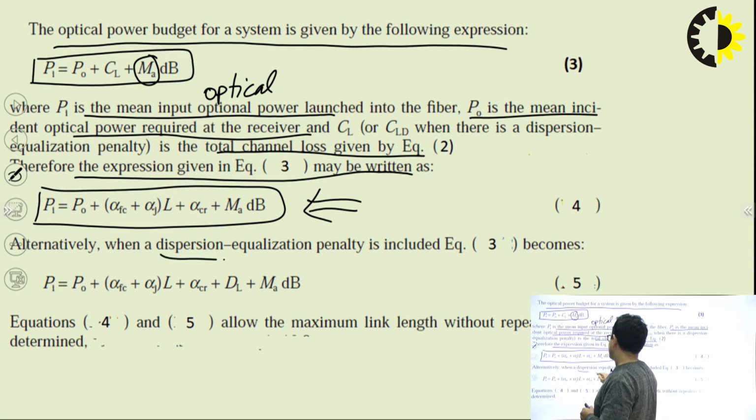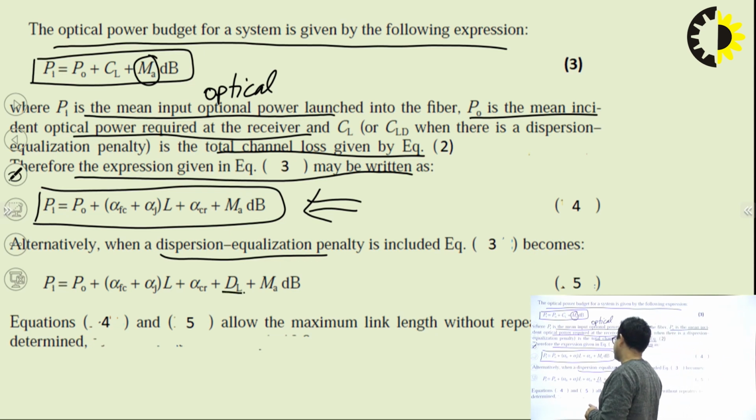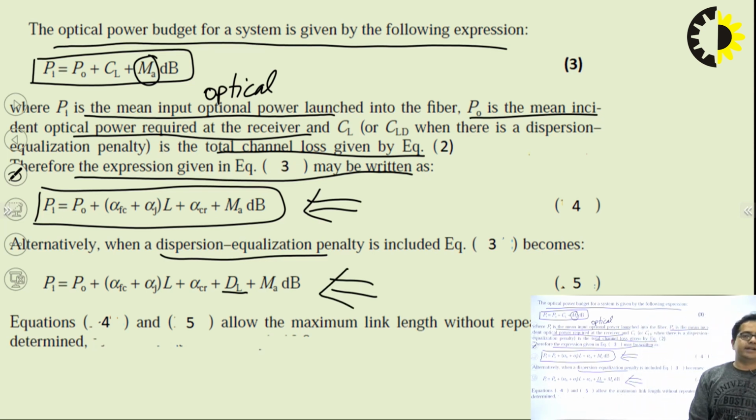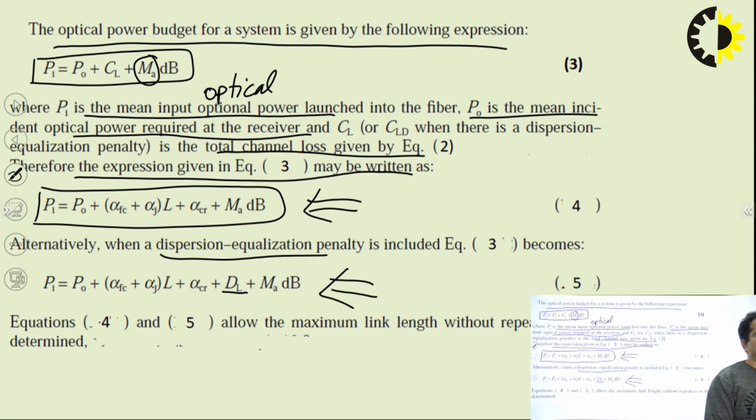If we are including the dispersion equalization penalty, then we also put the term DL, right? So we have to keep these two equations in our mind. As per the need, you have to put the values of DL if they are asked. If they are not asked in the numerical, don't put this value of DL.